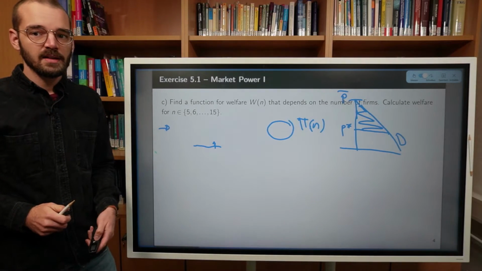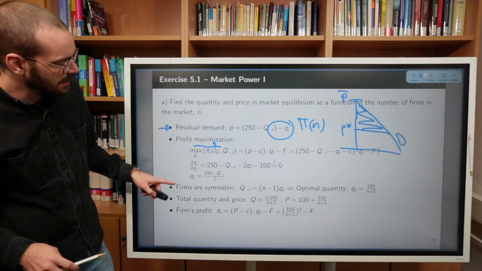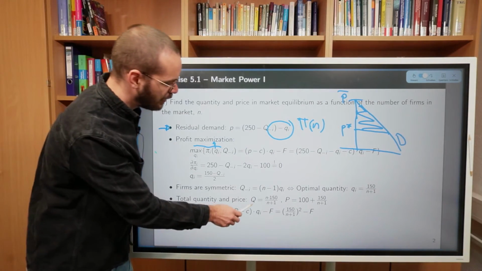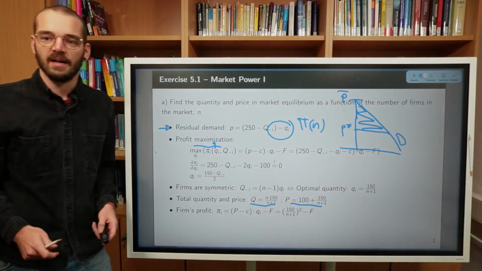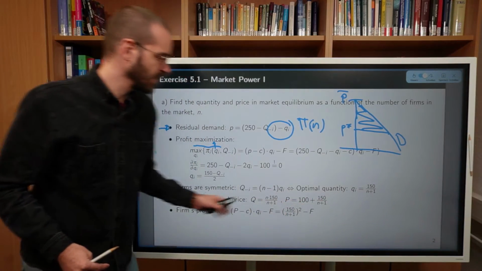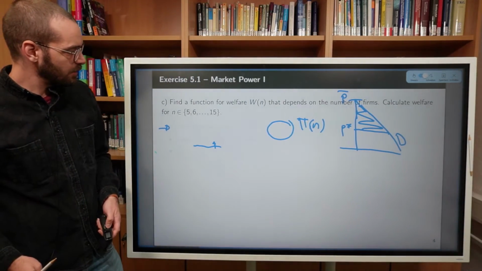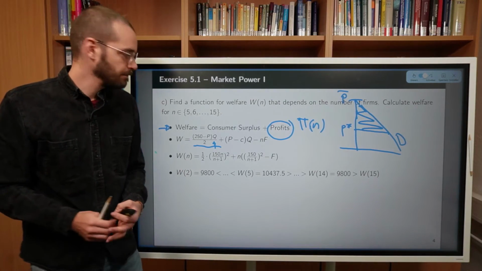Just as a quick reminder, going back a few slides, in the context of solving task A, we found both the quantity and the price in the market as functions of the number of firms n. Now we can use these again in order to find the consumer surplus.